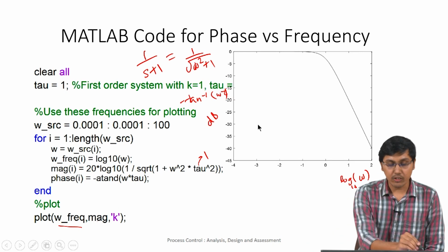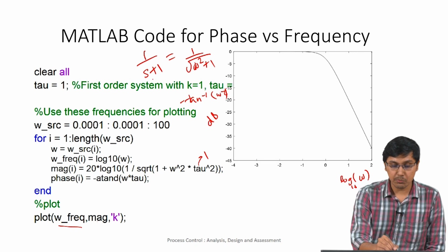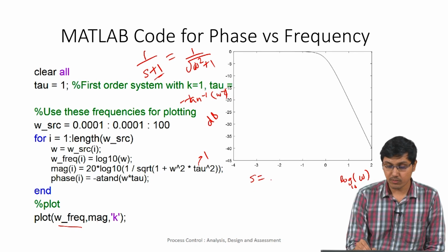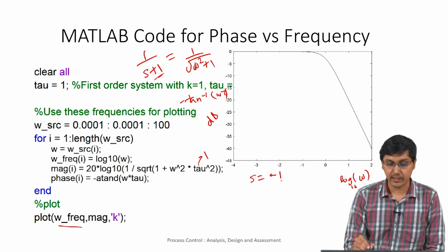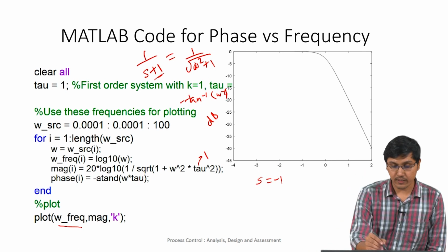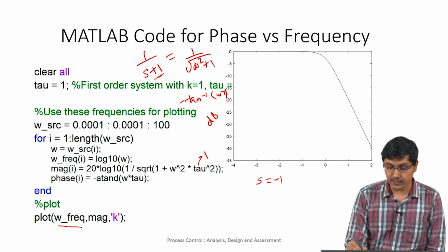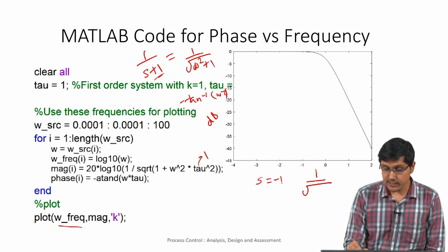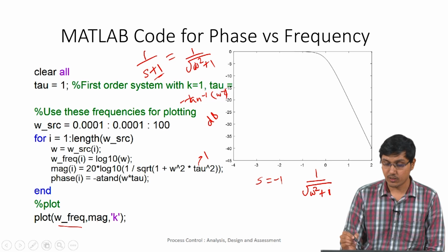When we say tau equal to 1, we can see the pole is at s equal to minus 1. The magnitude is 1 by root of omega square plus 1.